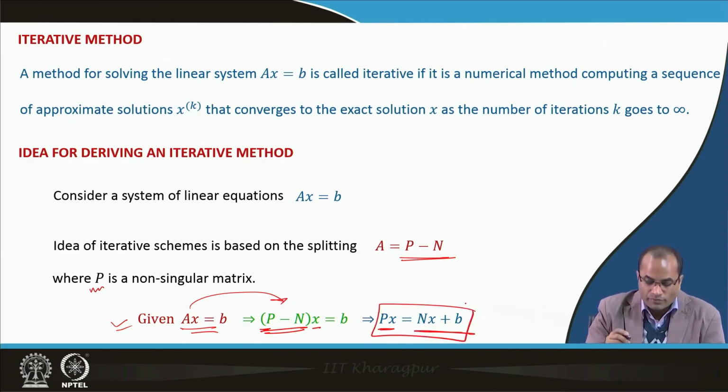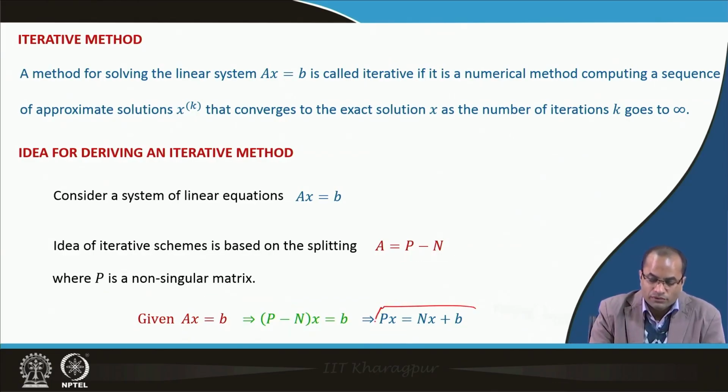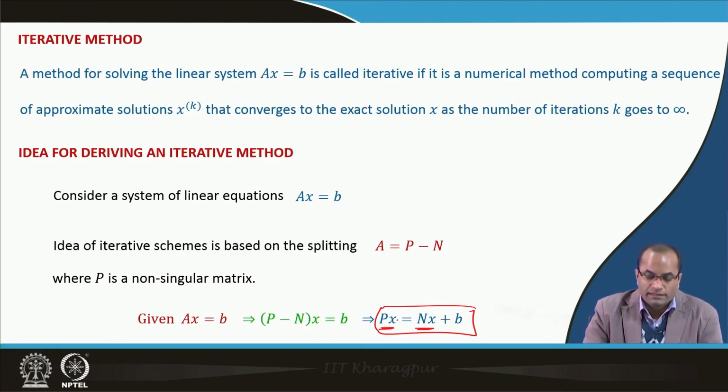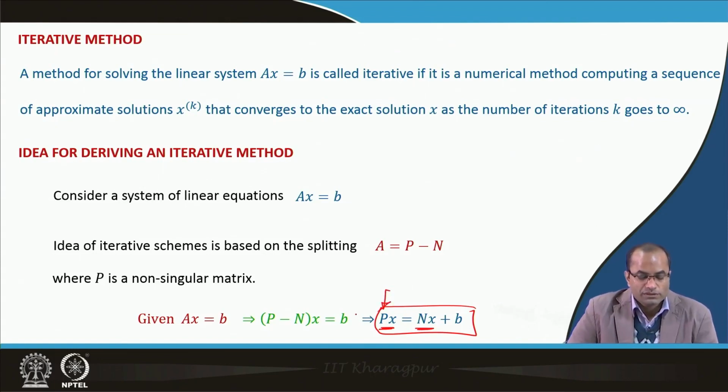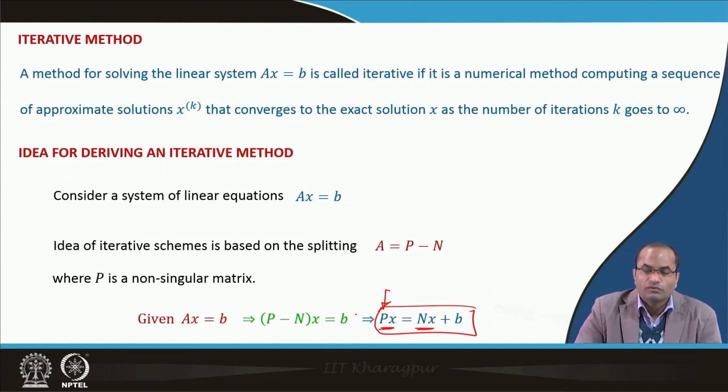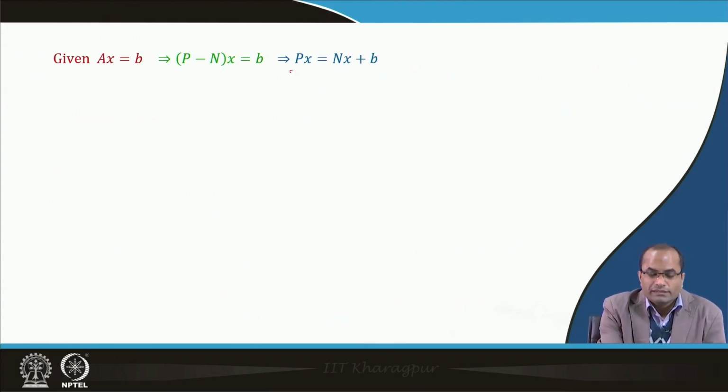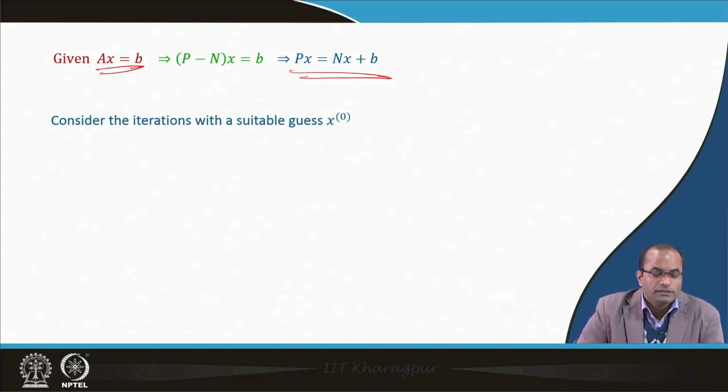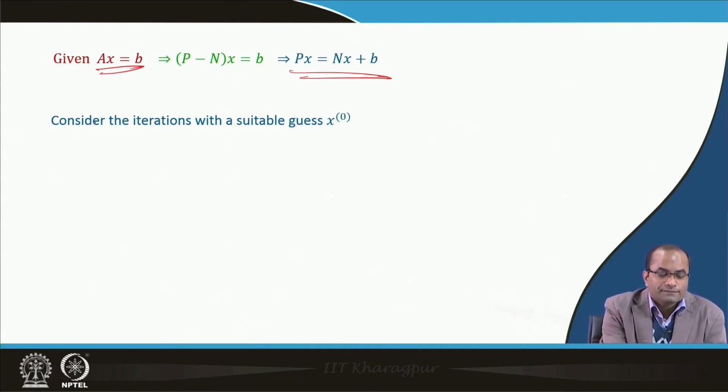We formed another equation where x sits on the left-hand side and also on the right-hand side, and we know that P is a non-singular matrix, so we can invert it and have x completely on the left-hand side and the rest on the right. Having P x equal to N x plus b from the given A x equal to b, we can now consider the iterations with a suitable guess.